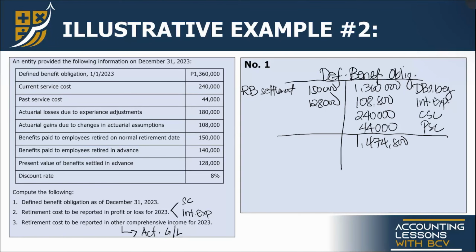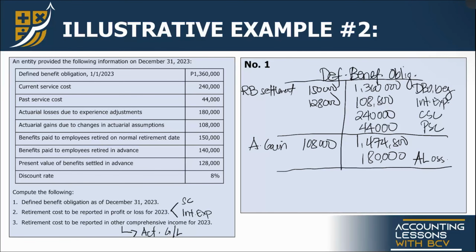Tapos, may dalawang actuarial items tayo. May actuarial loss, may actuarial gain. Tama? So, saan ko ilalagay si actuarial losses due to experience adjustments? Debit or credit? Answer? Credit. No? So, actuarial loss, lagay natin dyan, 180,000. What about actuarial gain? Siyempre, nandito na sa kabila yan. Actuarial gain is 108,000.